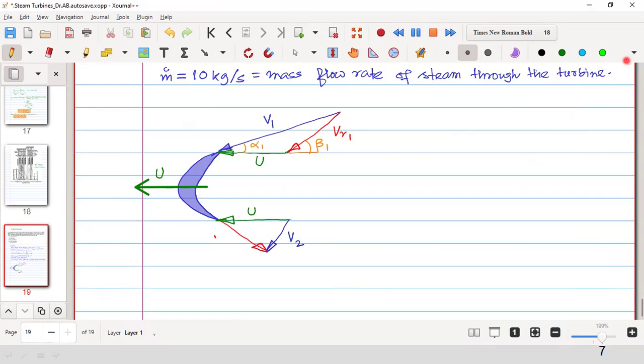This is VR2, and the angles are: this is beta 2, and this is alpha 2.